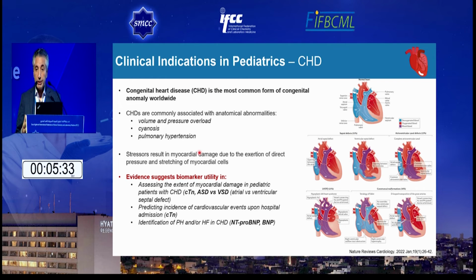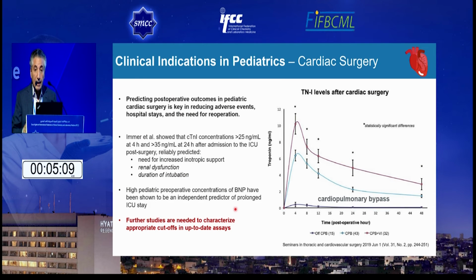Using cardiac markers to monitor these patients after surgery, to prognose recovery, has been very popular. So biomarker utility, as shown here, has been increasingly popular, especially with troponin and NT-proBNP. Several studies, this is one of them, have shown significant value.